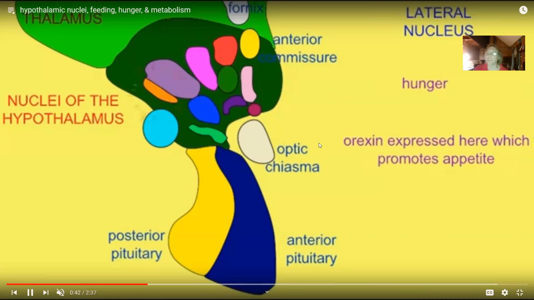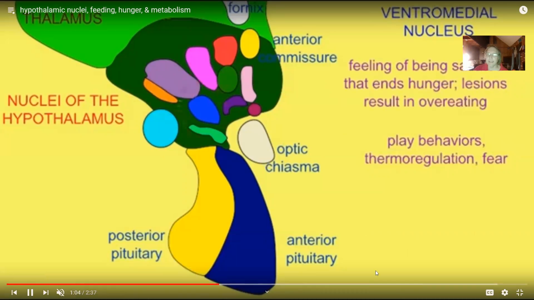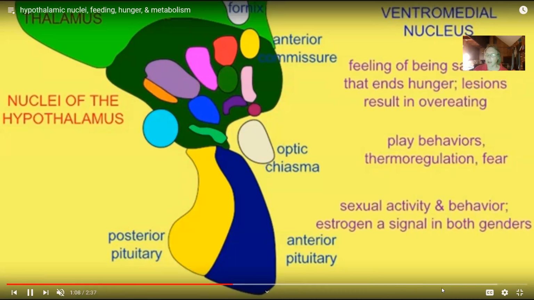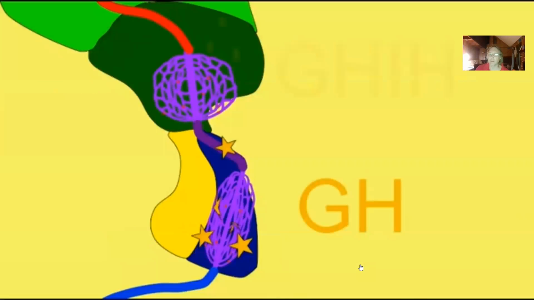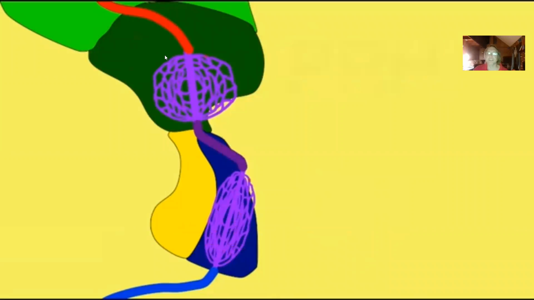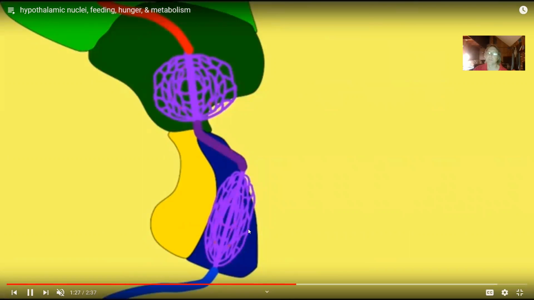And so I'm just going to give a couple of other examples, but of all of these nuclei of the hypothalamus, there are several which have roles in various aspects of hunger and eating, etc. Now, this is perhaps an introduction into topics covered later in hormones, but there are nuclei of the hypothalamus which send hormones to the pituitary and regulate its secretion of hormones.